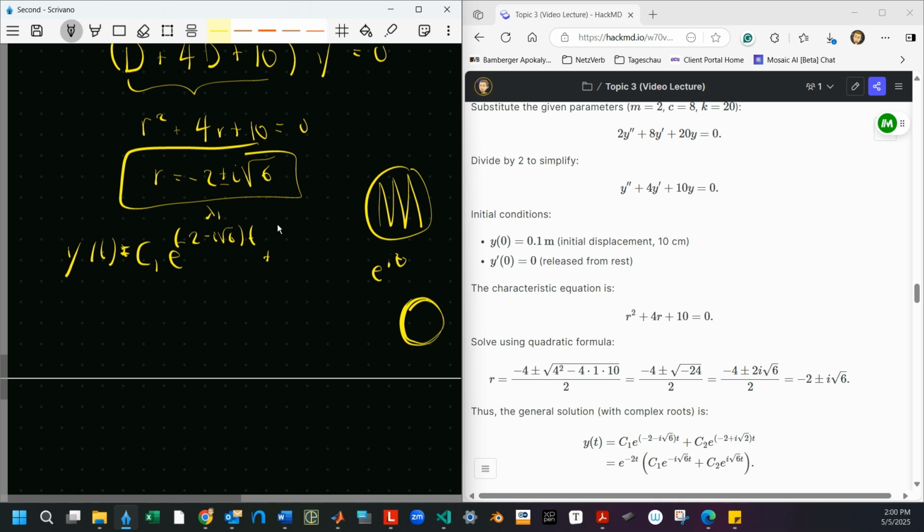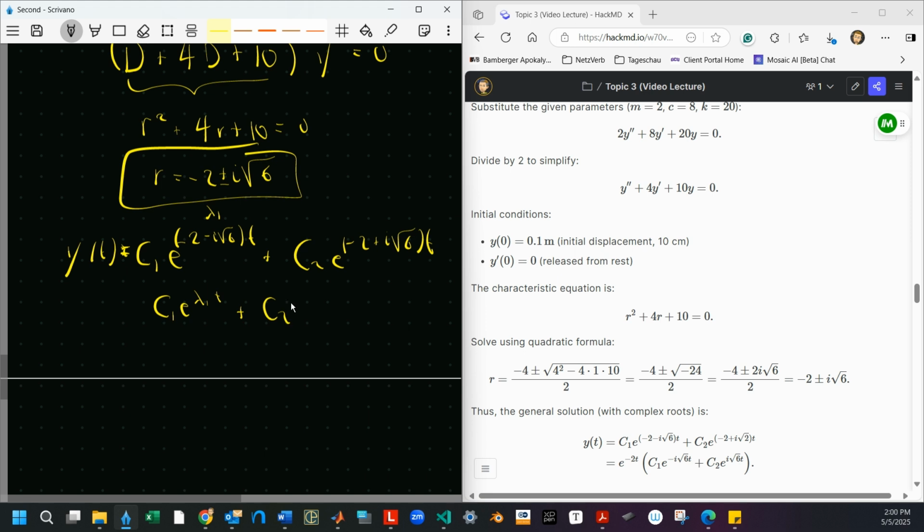Then plus C2 e to the lambda 2 t, which is minus 2 plus i square root of 6. So this is C1 e to the lambda 1 t plus C2 e to the lambda 2 t, where lambda 1 and lambda 2 are the roots of that characteristic polynomial.